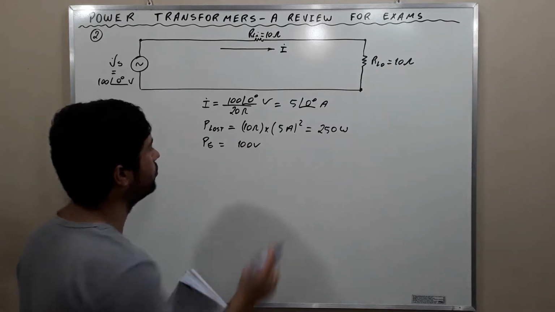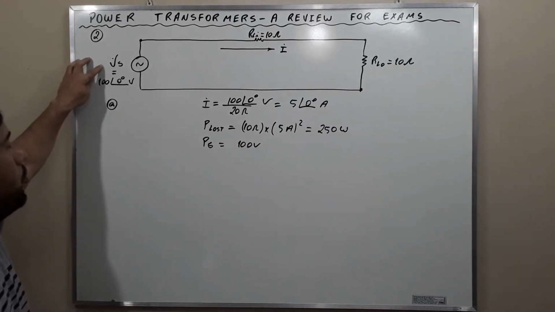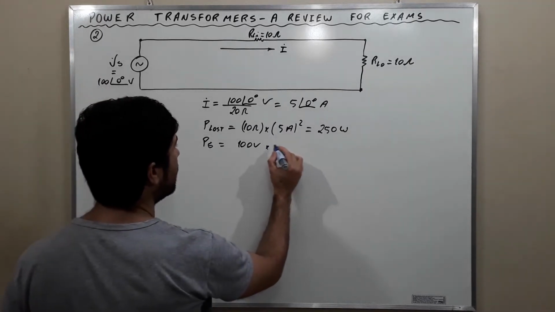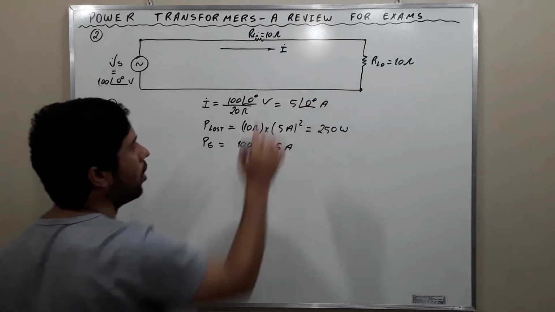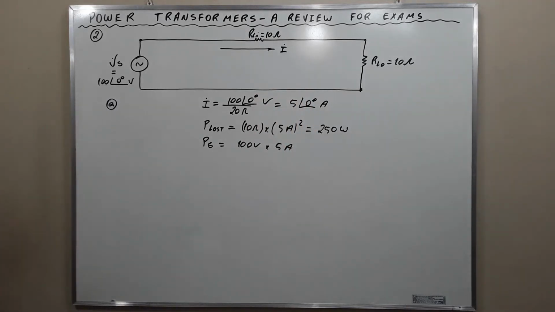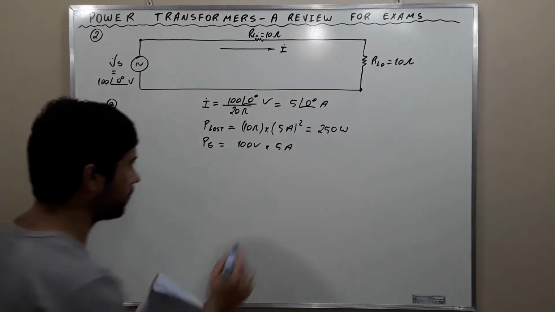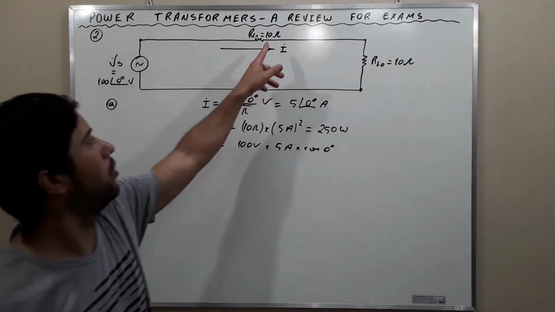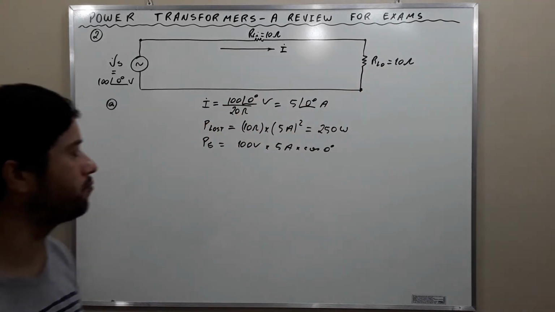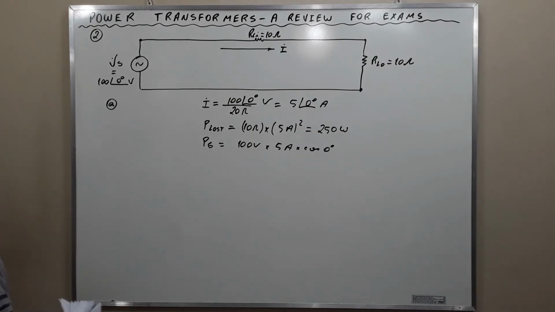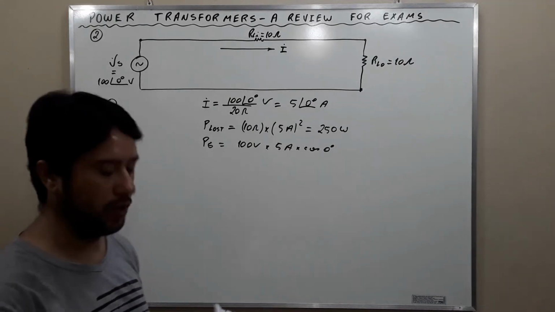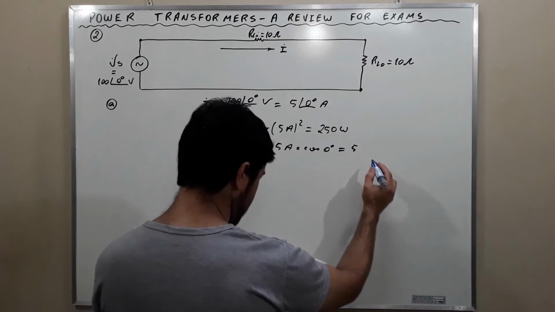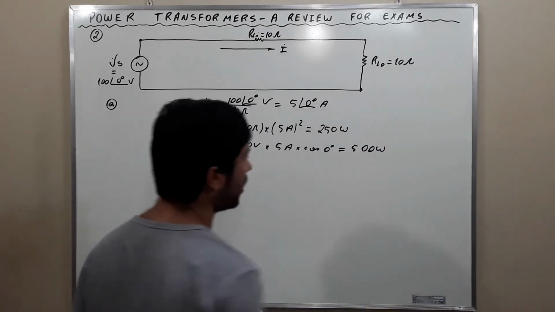100 volts, the magnitude of this voltage times the magnitude of this current times the cosine of the angle between them. As there are only resistive elements in the circuit, the power factor is 1. In other words, the angle is 0 degrees. Therefore, the generated power is 500 watts.